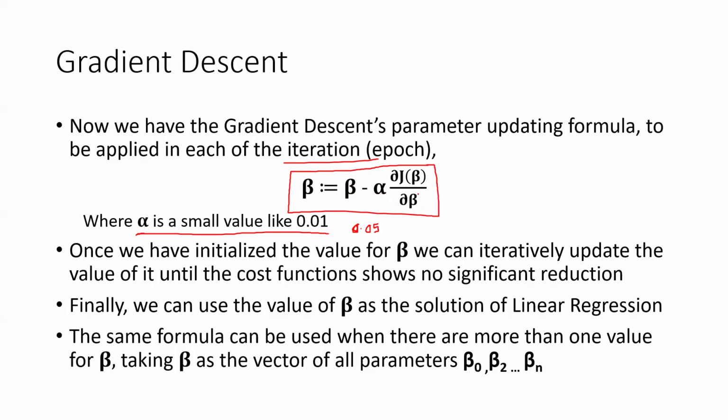We take this derivative, the slope value, multiply it with this constant, a smaller scalar value like 0.01 or 0.05, and then reduce it from the beta. This is what we do in each iteration of the gradient descent algorithm. This is known as the update rule, right?